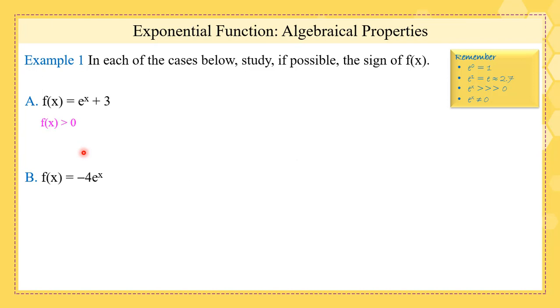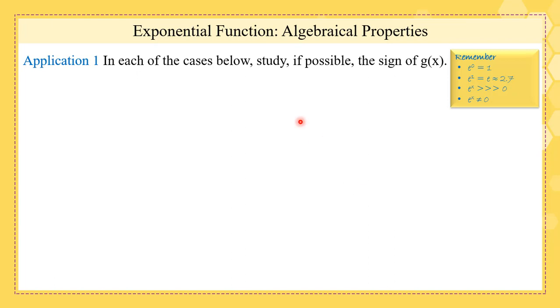Part B. Here e to the power x is positive and negative 4 is negative, so their product would be negative. Here we have e to the power negative x. This is strictly positive because e to any power is positive. And here we have a ratio. The numerator is positive and the denominator is positive, so the whole ratio would be positive.